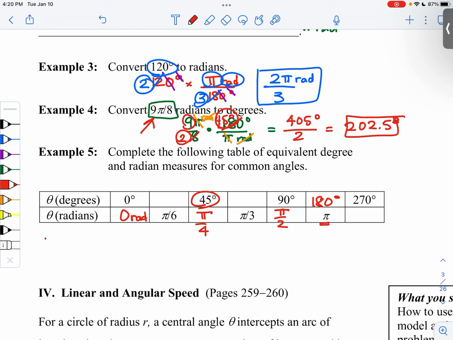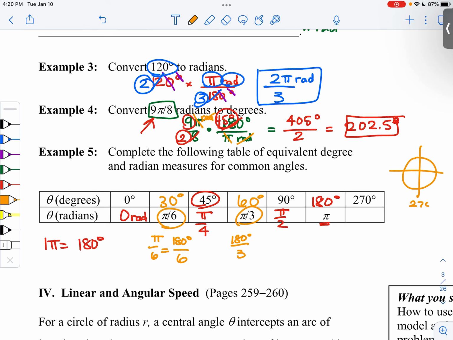And if I keep in mind that 1 pi is equivalent to 180 degrees, I can see that pi over 6 is 180 divided by 6, which is 30 degrees. Same thing here, pi over 3 is 180 degrees divided by 3, which is 60 degrees. And 270 degrees is 3/4 of the circle, so we can write that as 3 pi over 2.